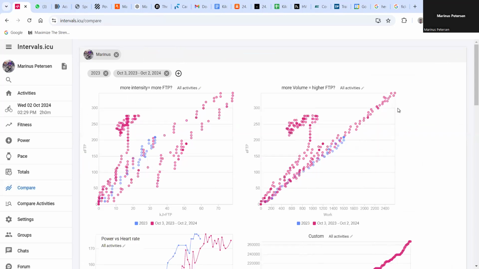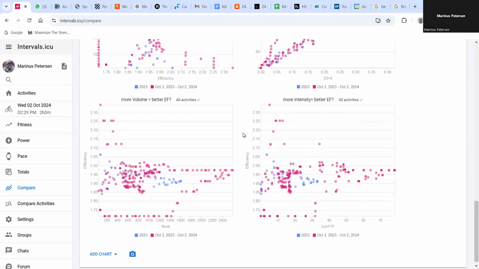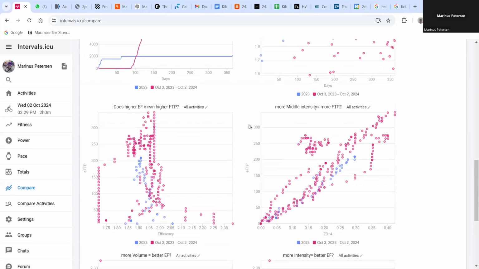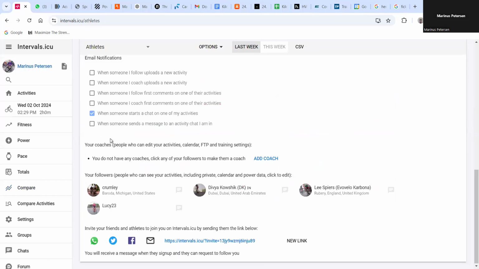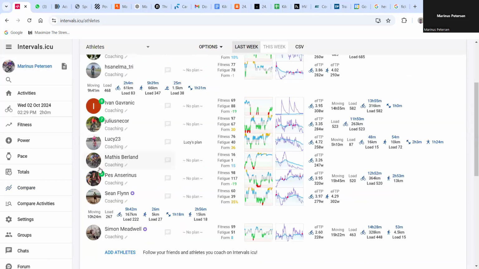So in conclusion, does more volume make your FTP higher? Yeah, in most cases, to a point, it does. How do you know whether you need to focus more on volume or intensity? That's when you can look at the individual response. We found some athletes here whose EF was just not changing.